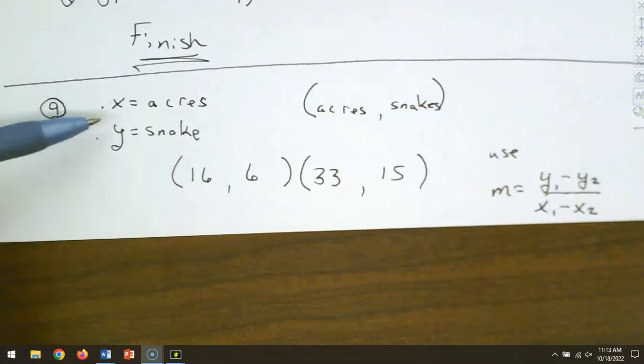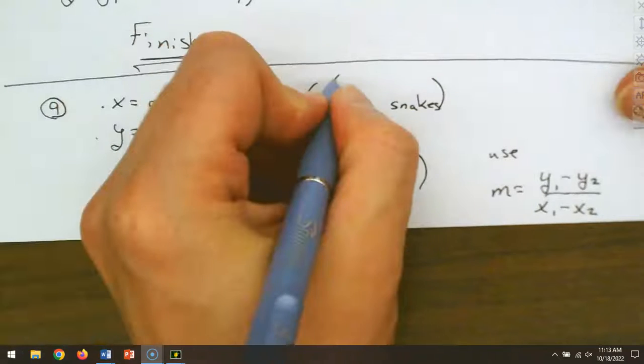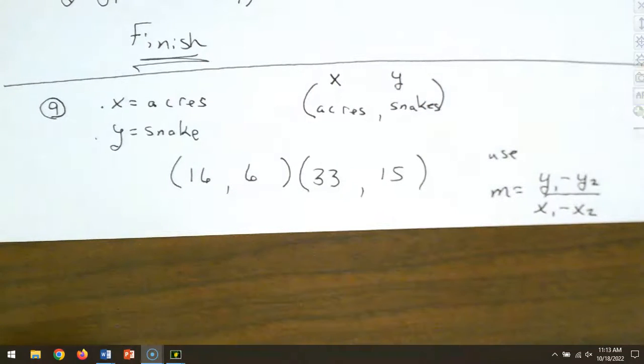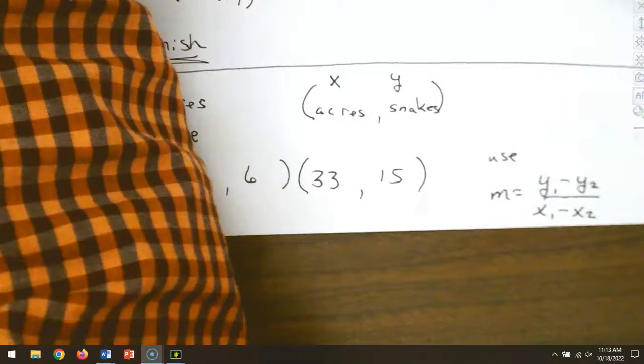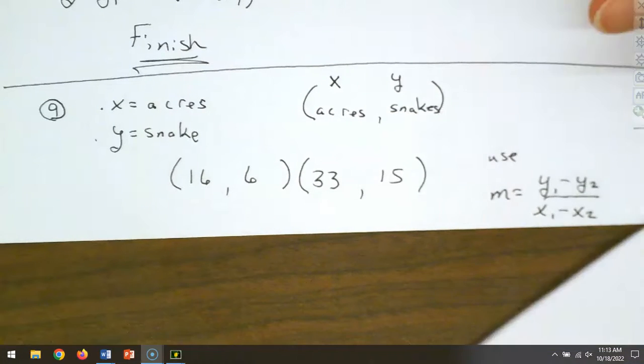Because I read it, and I saw what it wanted, and I made sure, because this is your x, this is your y, I made sure that I put them in the correct order. Then you use your slope formula, and then you'll use point slope from there. So I think you can finish it from there.